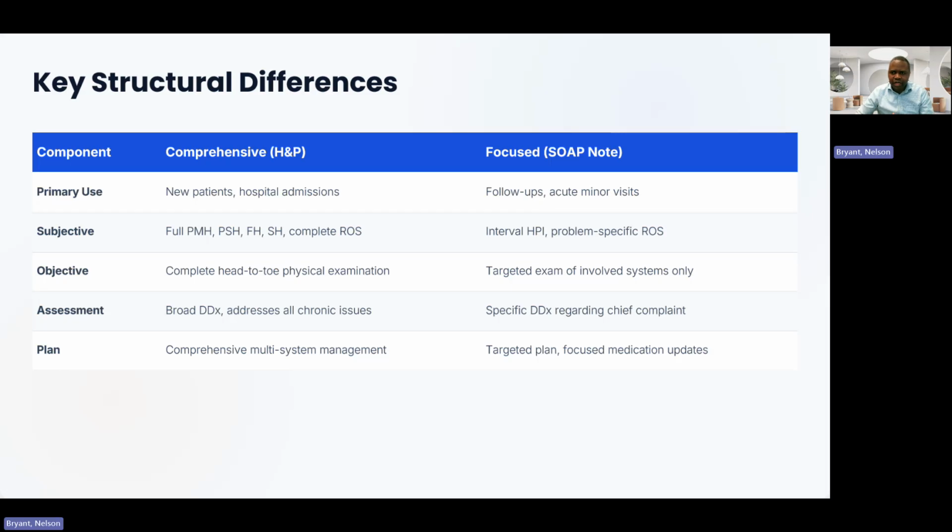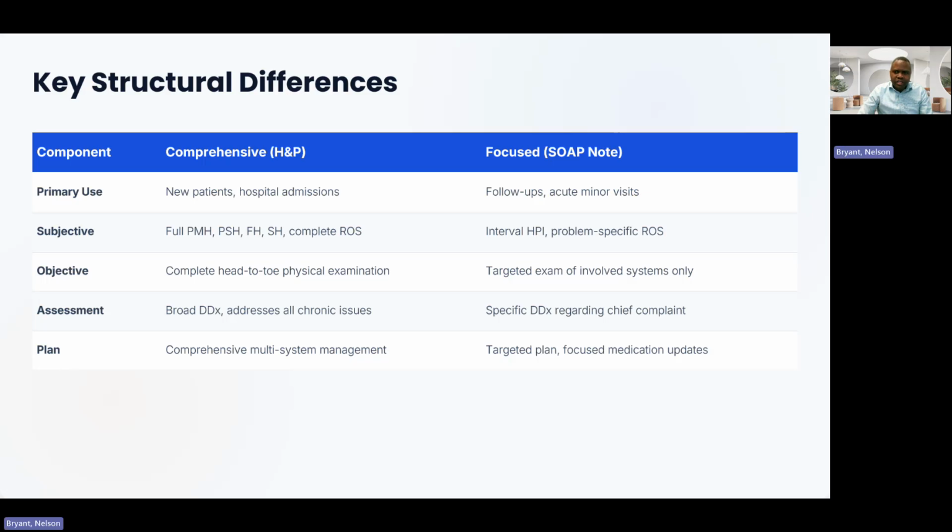So these are some of the structural differences that I have been talking about. It's a visual comparison. You can see, for example, the review of systems and physical exam, how they are different from a complete head to toe, and then to a focused assessment when we are using the sub-note template. For the focused assessment, it's very, very limited.